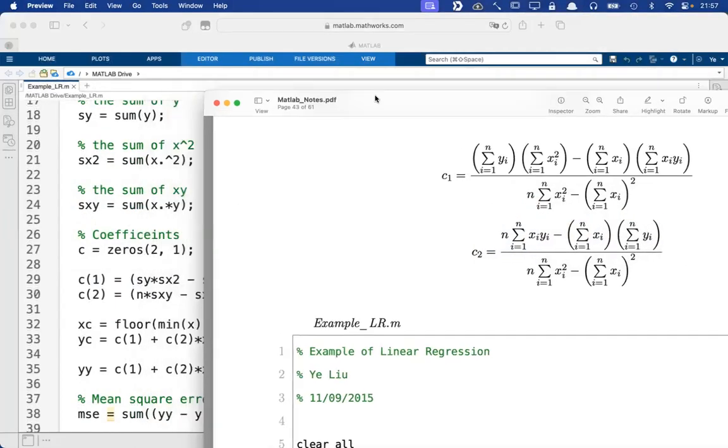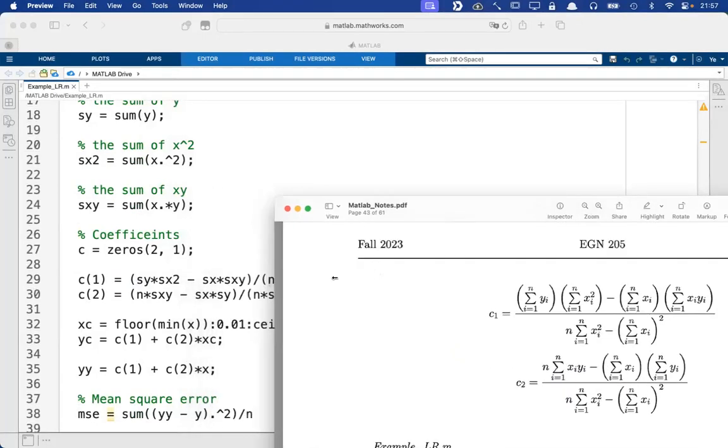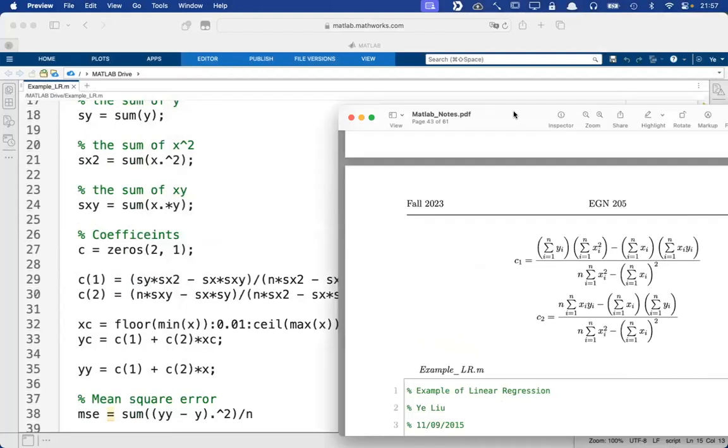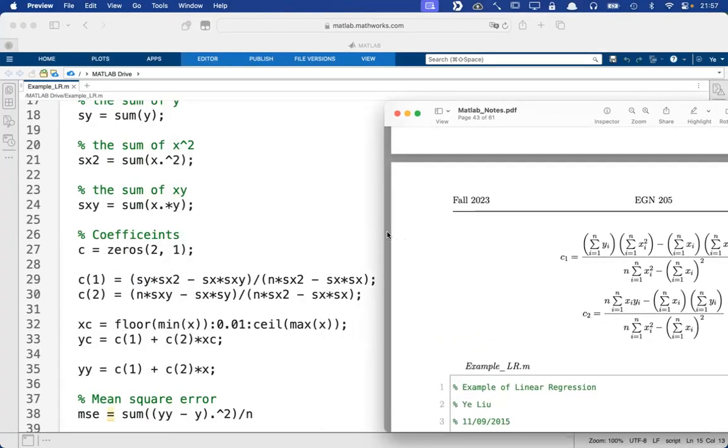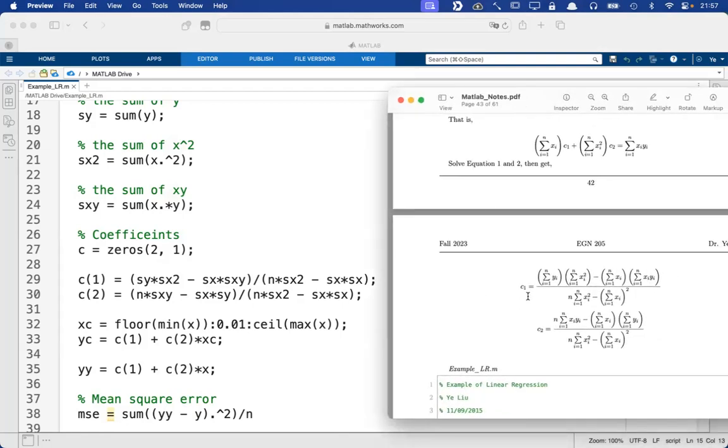Okay, now. Okay, so now we can check. So this is the C1, right? So the sum of y times the sum of x squared minus the sum of x times the sum of xy, over n times the sum of x squared minus the sum of x squared.